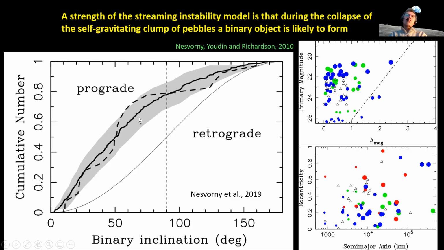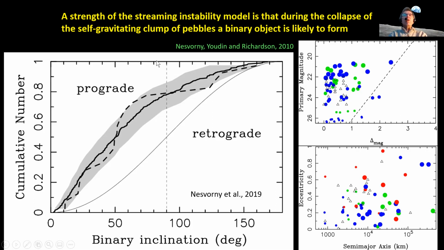And the solid curve is the statistics of the distribution of the angular momentum vector in the self-gravitating clump, which in the end becomes the normal of the orbital plane of the binary once the clump contracts to form the binary planetesimals. So the 2 match really very well.